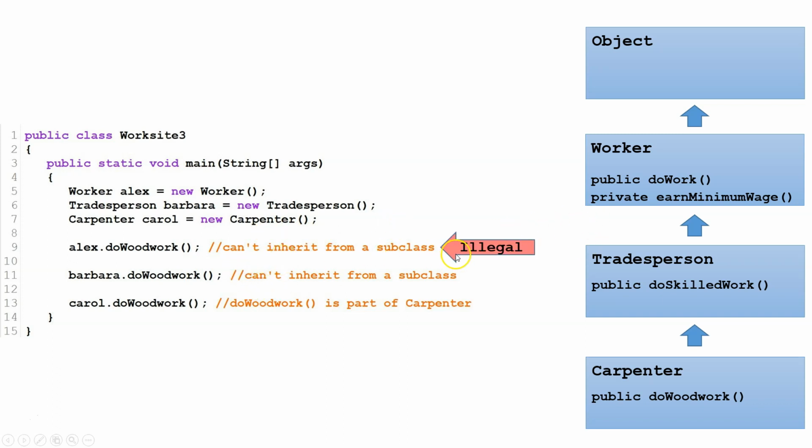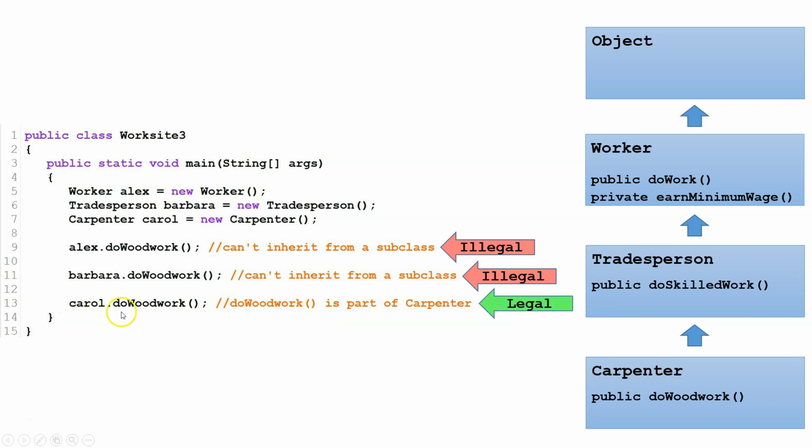This is illegal because a superclass cannot inherit from a subclass. Only a subclass can inherit from a superclass. So our worker class does not inherit from its subclass carpenter. Same here. We have the Barbara variable, which is a tradesperson, and that does not inherit from its subclass carpenter.